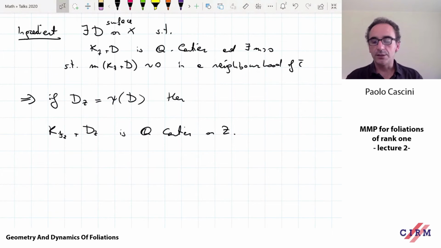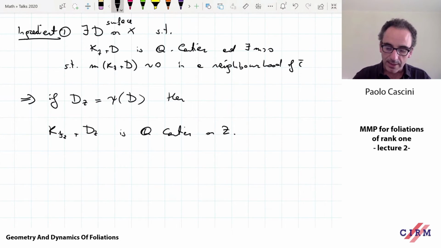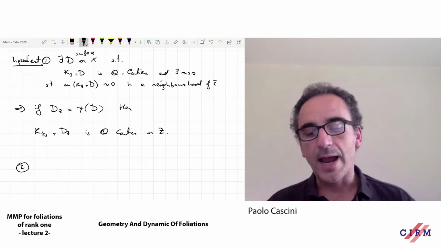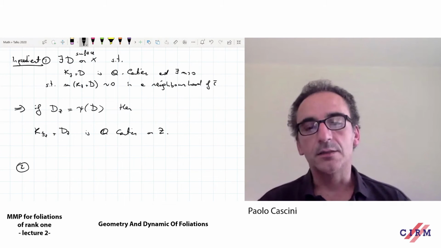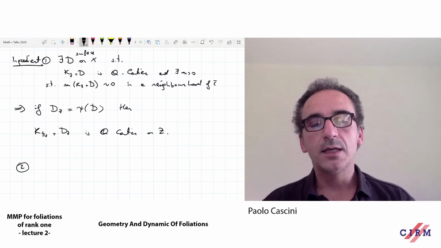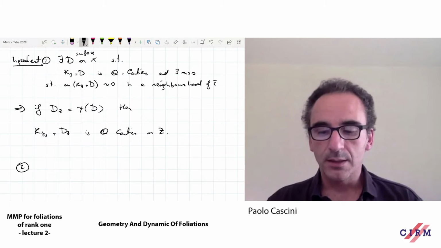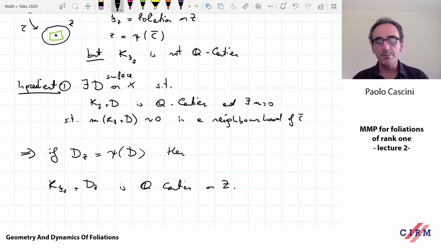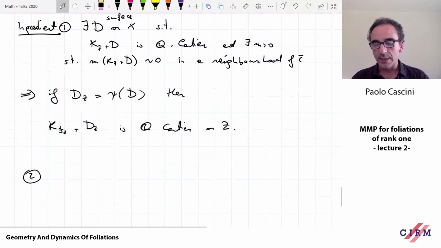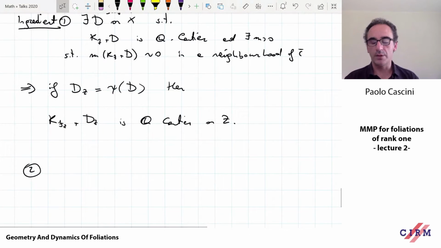So what is the advantage? Well, again, there is another ingredient, so this is ingredient 1. Another ingredient of the proof is that, I just sketch it briefly, by embedding Z in a smooth variety around the point small z, which is the locus where the curve C bar maps to, it's possible to show that it behaves almost like a smooth foliation.